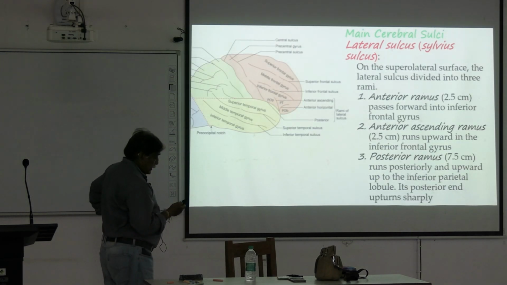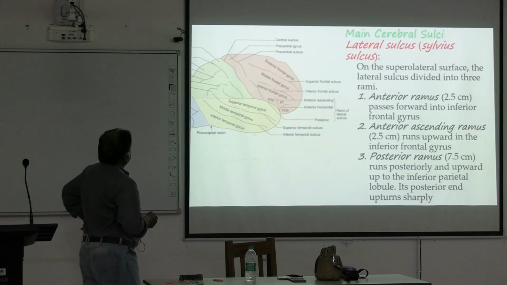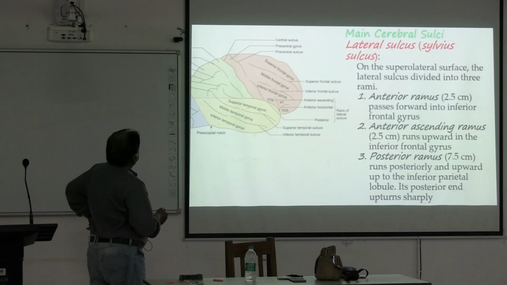Now, main cerebral sulci, lateral sulcus. On the superolateral surface, the lateral sulcus divides into anterior ramus. This is central sulcus, the precentral gyrus, the precentral sulcus.